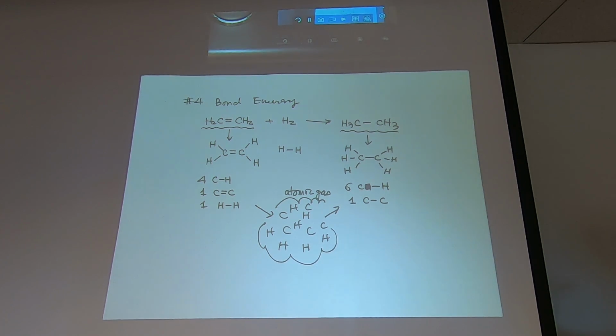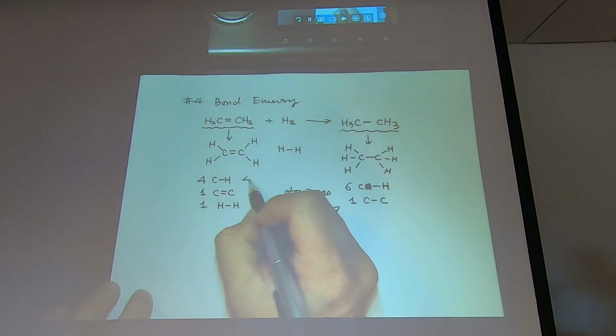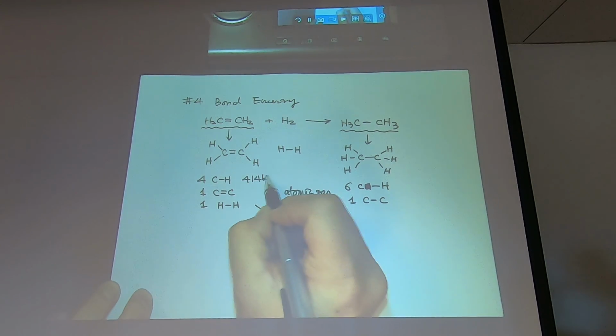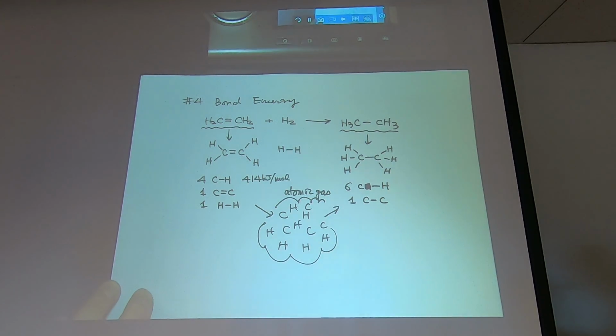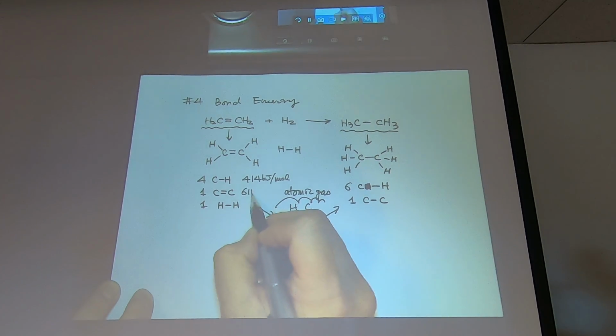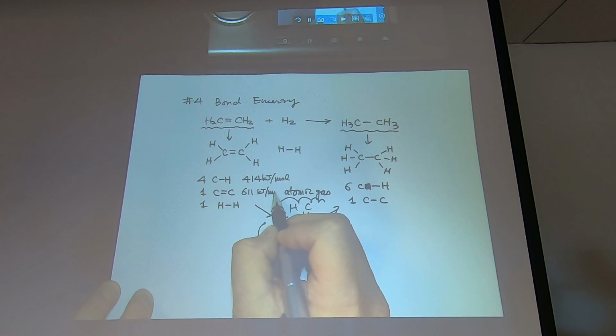So then I need to look at the bond energies. The CH bond is 414 kilojoules per mole, and the CC double bond is 611 kilojoules per mole.